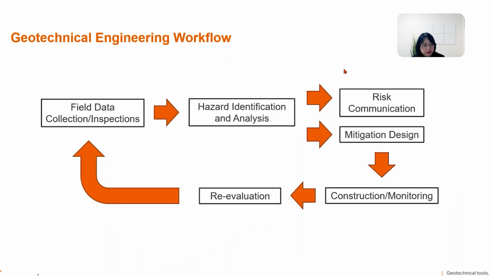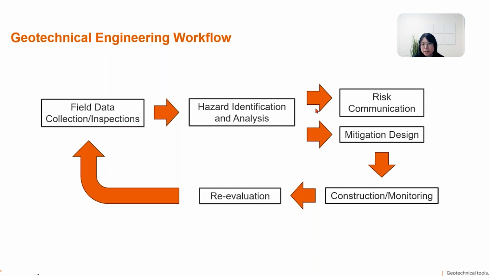So just moving on, now that I have introduced RocSlope and some of its basic integration with Dips, I would like to show two examples of how these two tools can be used in the basic geotechnical engineering workflow. So the workflow here is definitely not exhaustive, but typically the first step would start with field data collection. The data would be processed to analyze and then identify the hazards.